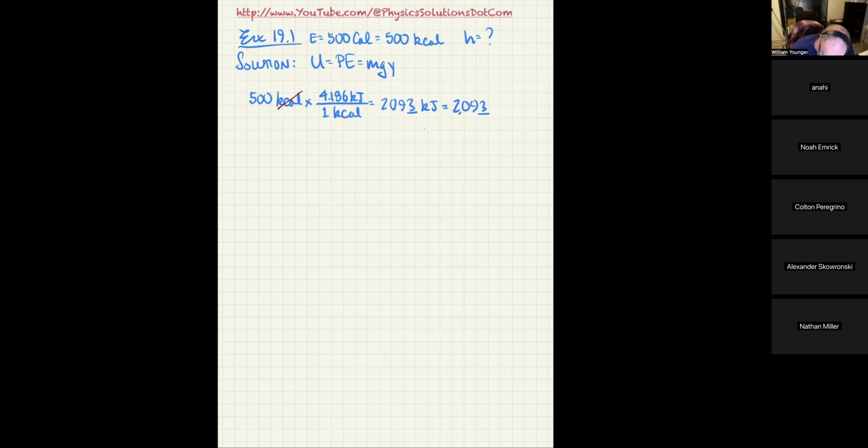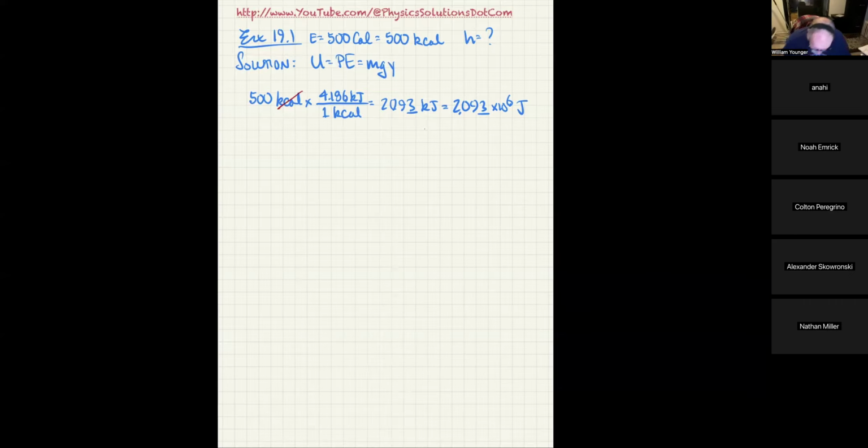And I moved the decimal 3 places to the left, so I really need it to be 3 places to the right. So I'm going to multiply this times 10 to the 6 joules. So that's it in pure joules: 2.093 times 10 to the 6 joules.